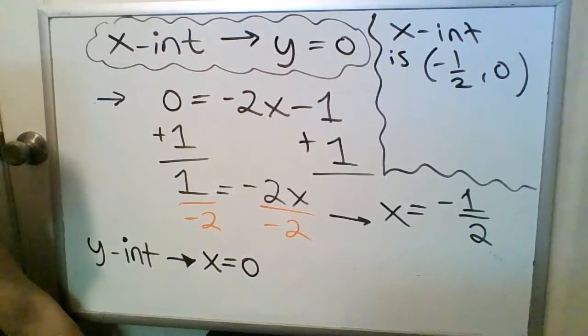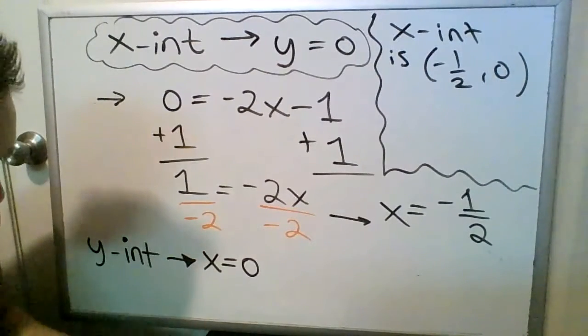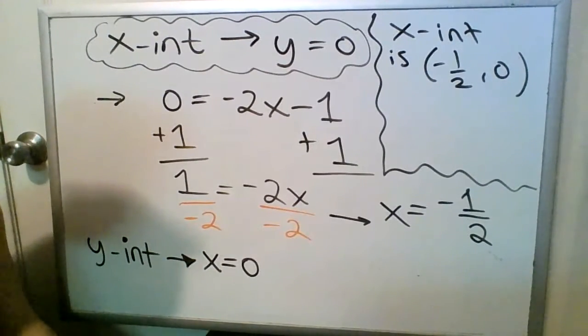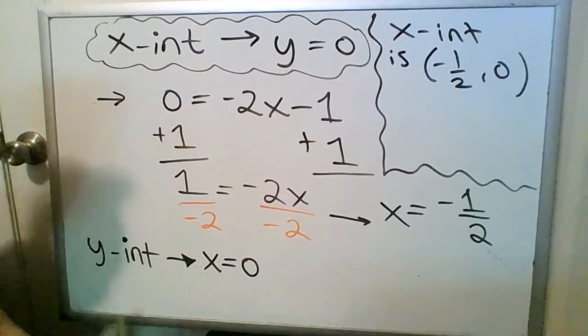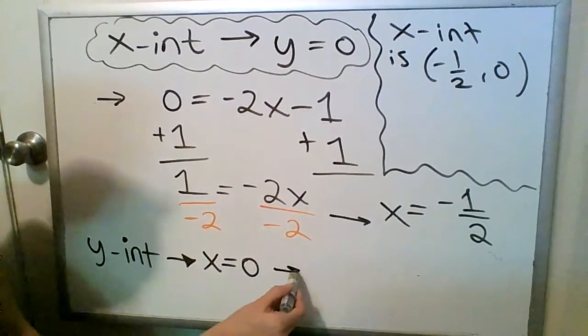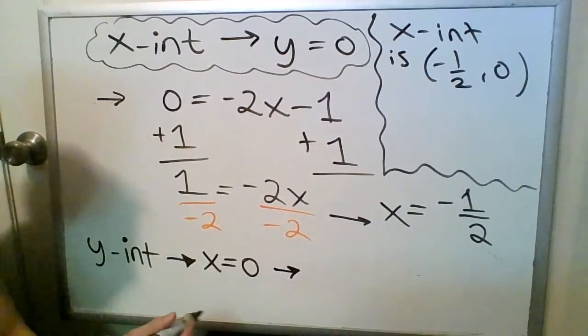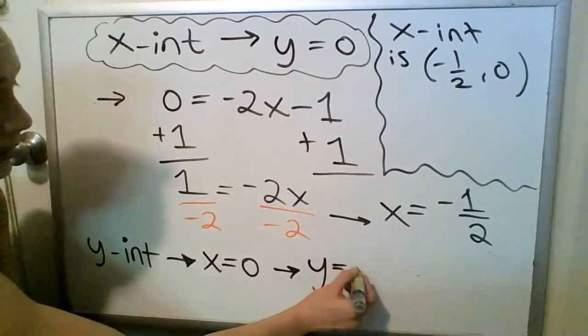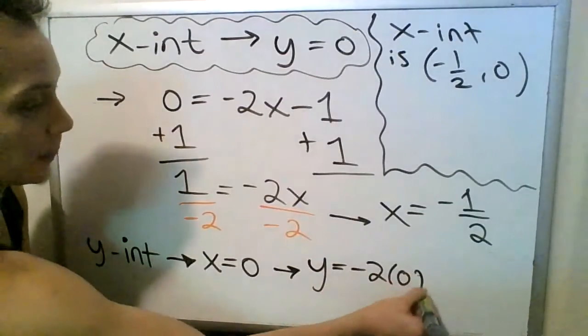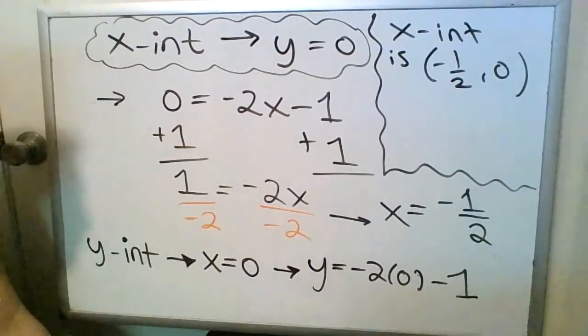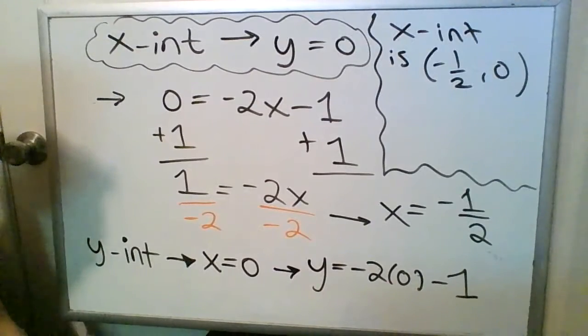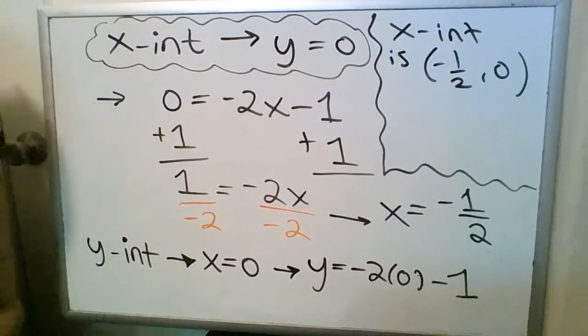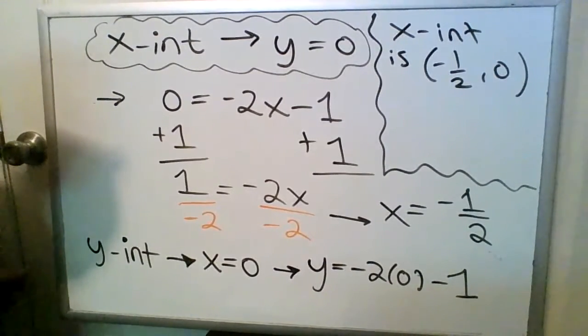Then back to the original equation. It's y equal to -2x minus 1. So we're going to have y equal to -2 times 0. And solve for y.